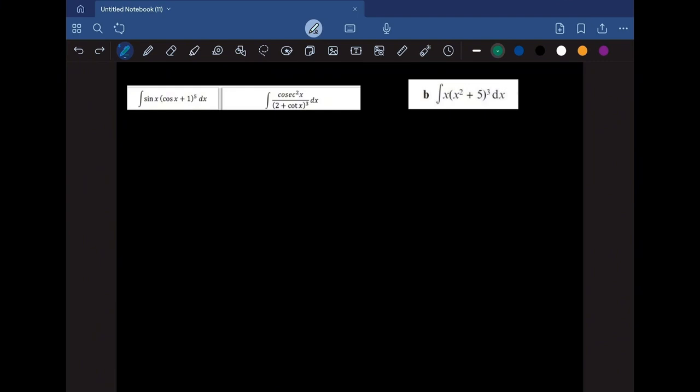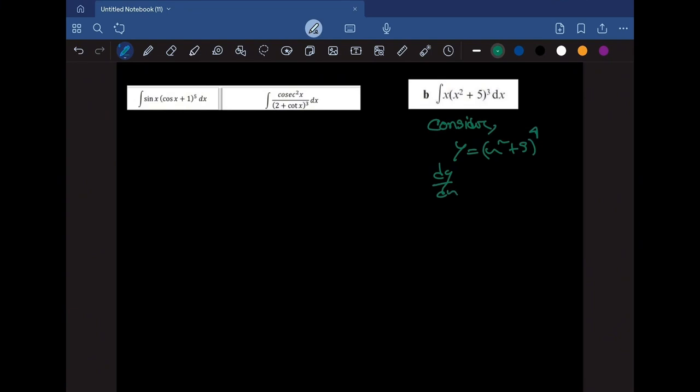So basically what we will do is first we will differentiate this differential, which is x squared plus 5 to the cube. First of all, we will increase the power by 1, considering y is equal to x squared plus 5 to the power of 4, and then we will differentiate it.